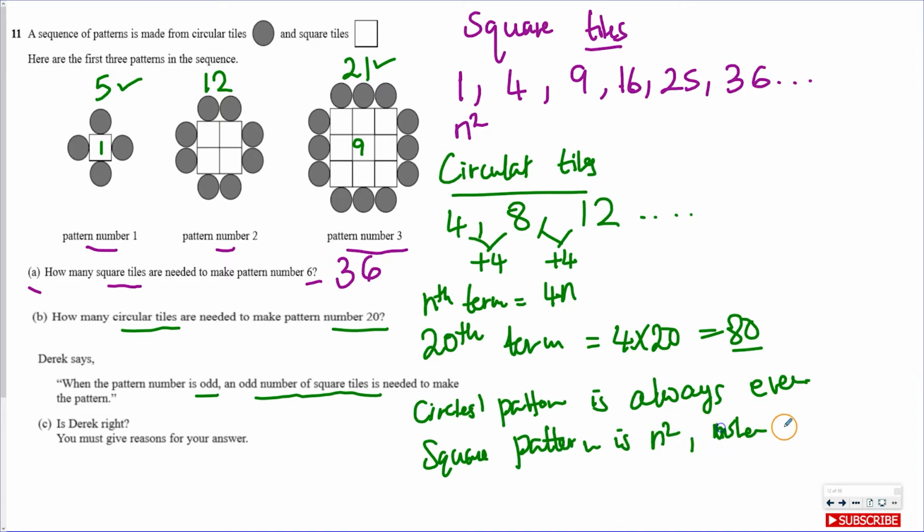So when n is odd, then odd times odd is equal to odd. So you will always get an odd number when you have an odd pattern number, because n squared is odd.